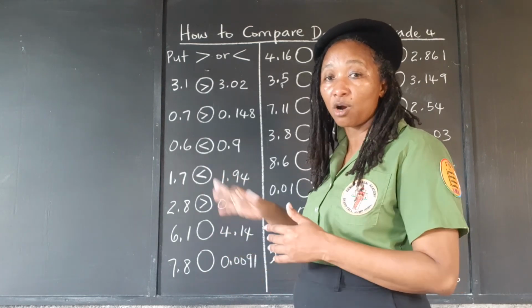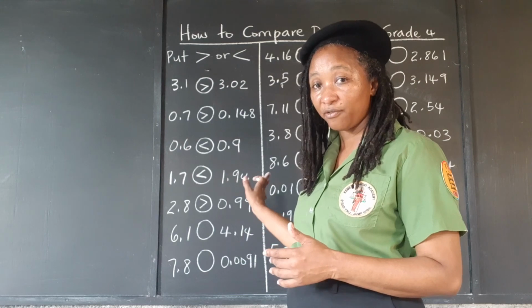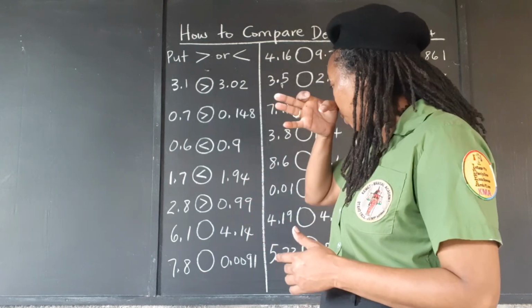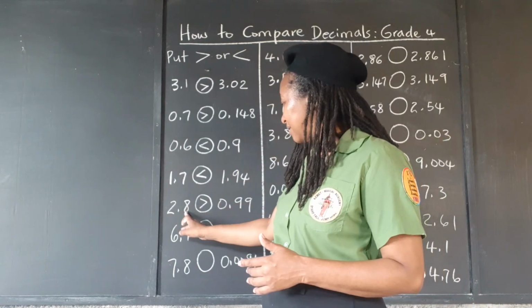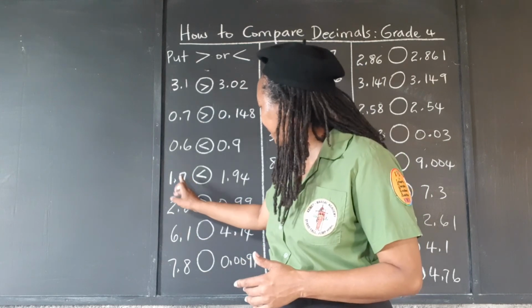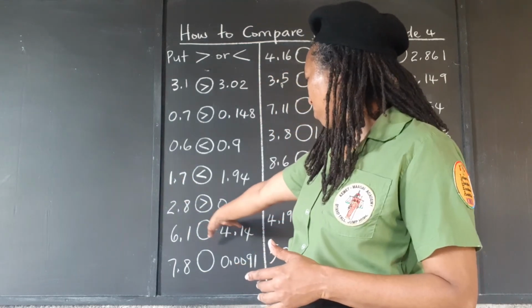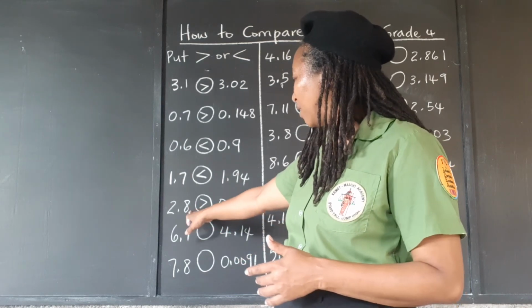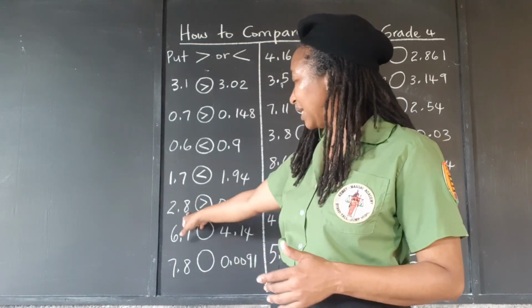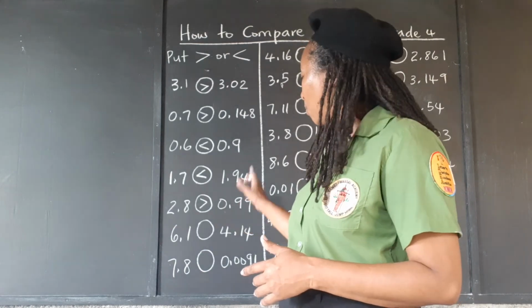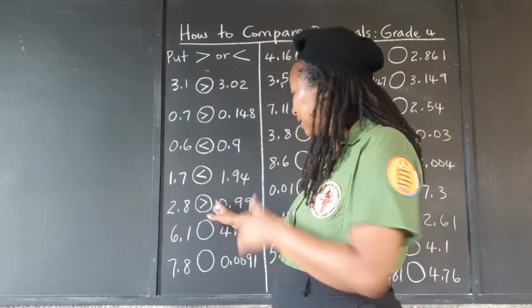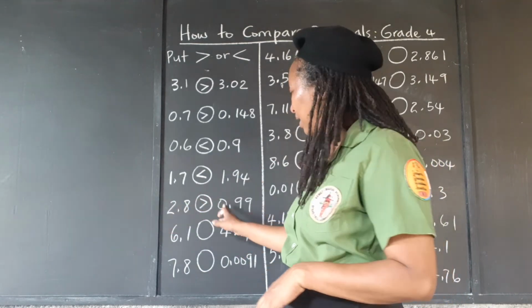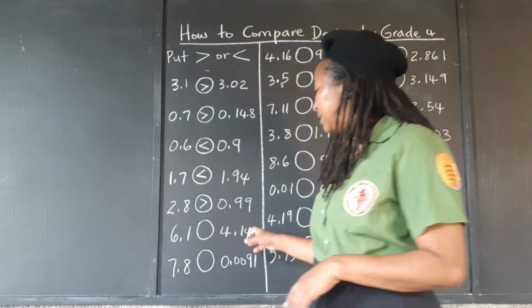It doesn't matter what comes to the right for the decimal part. So the 2 is bigger than the 0. We don't have to bother to say the 9 is bigger than the 8. That doesn't count. We're looking at the ones place. The 2 ones are bigger than 0 ones.